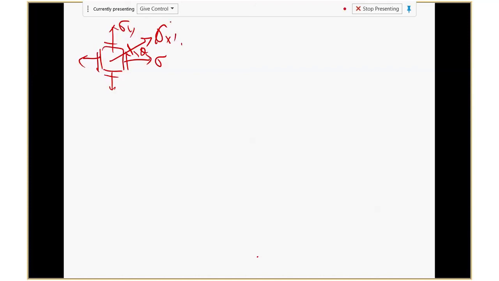But actually, we can also use Mohr's circle to find it instead of using the equation. So a key skill will be drawing the Mohr circle. Now how do you draw the Mohr circle? We talked about two approaches.